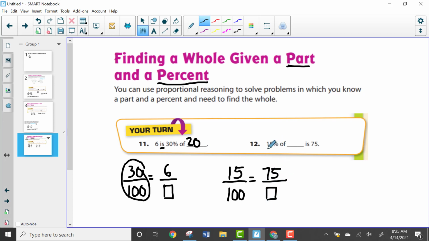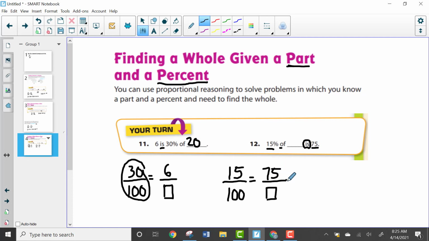Now, where am I getting this from? 15% of a certain number is 75. The word is is going to mean equal. So in other words, 15 equals 75. So it goes right across from there.